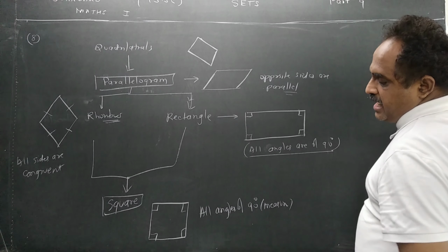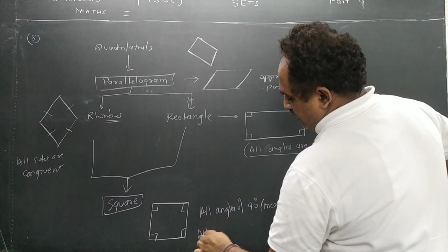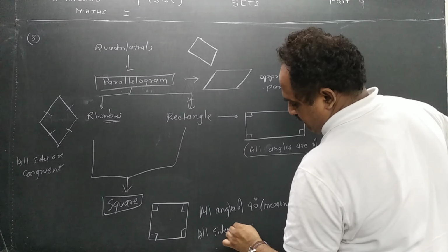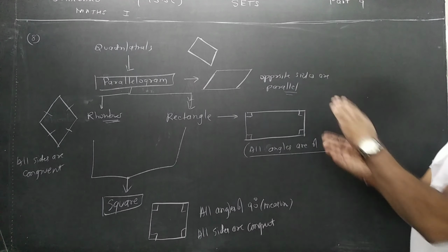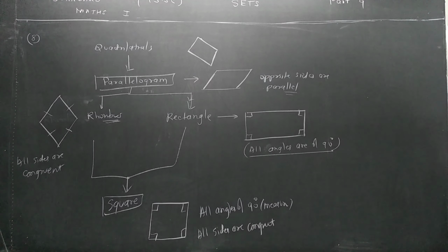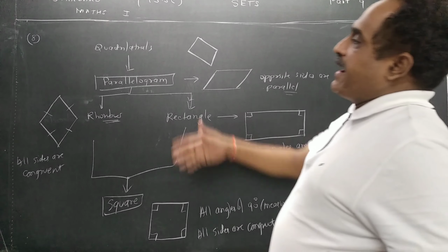Is it right? And all sides are congruent. So, with this figure, we come to know that सबसे बड़ा कौन?